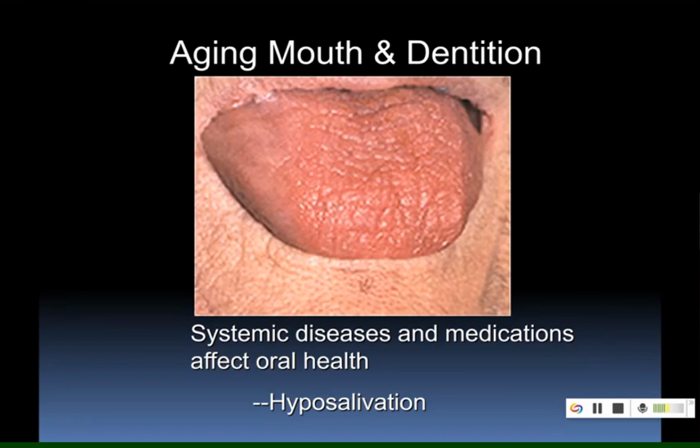In terms of the aging mouth, I want to highly emphasize, as seen in the slide, dry mouth can be accompanied with dry eyes, but the impact of this is not so much with aging, but rather with medications that reduce salivary flow. Typically, these are anticholinergic medications, which are generally a no-no in the older adult population.